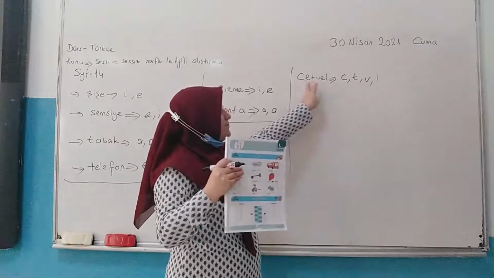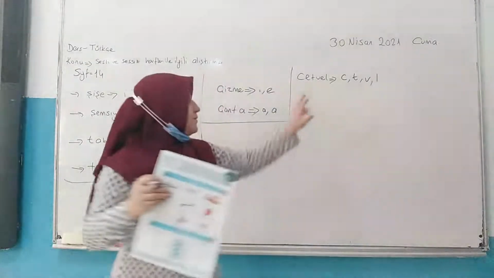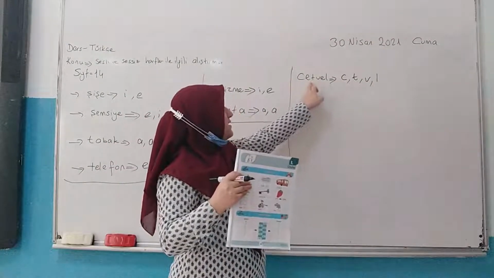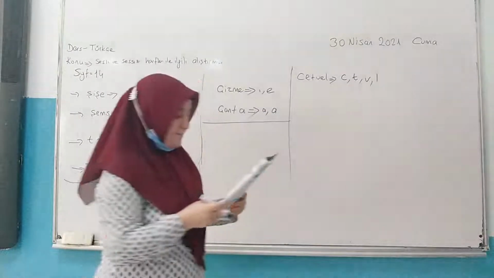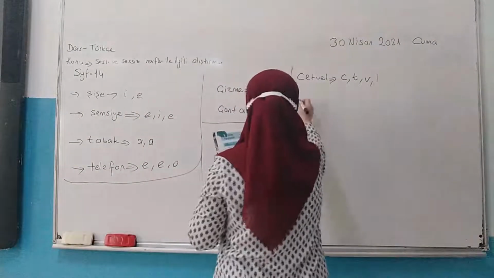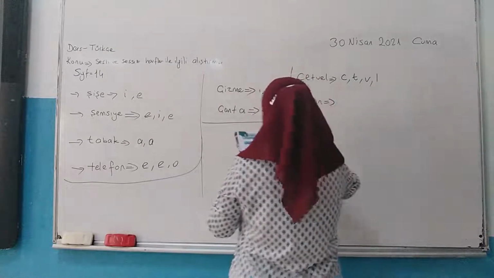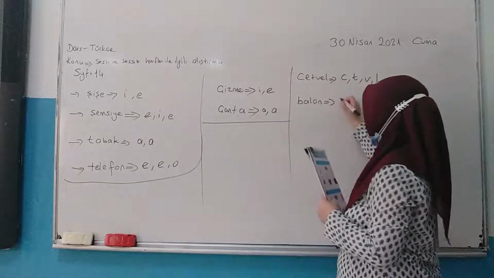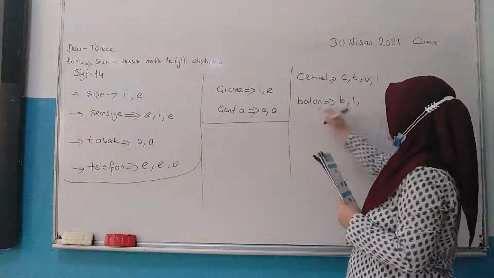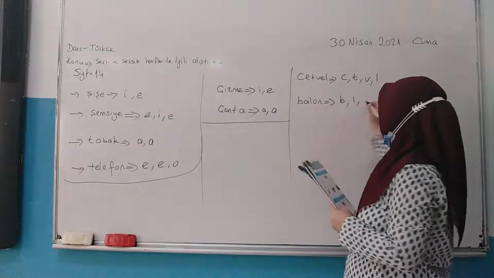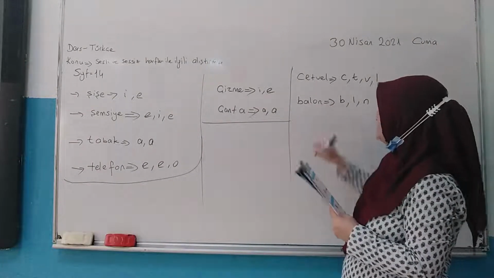The rest of them we have 2 vowels, E. Bunlar sesli harf. Bunlar sessiz harf. Okay? The next one. Balon. B, A sesli harf. L, O sesli harf. N sessiz harf. B, L, N. Balon.